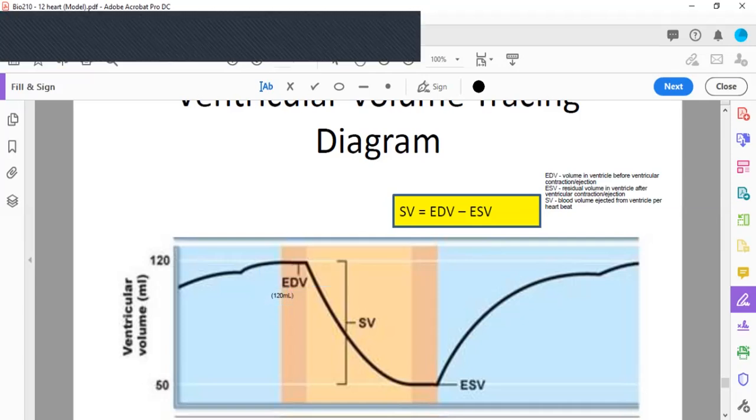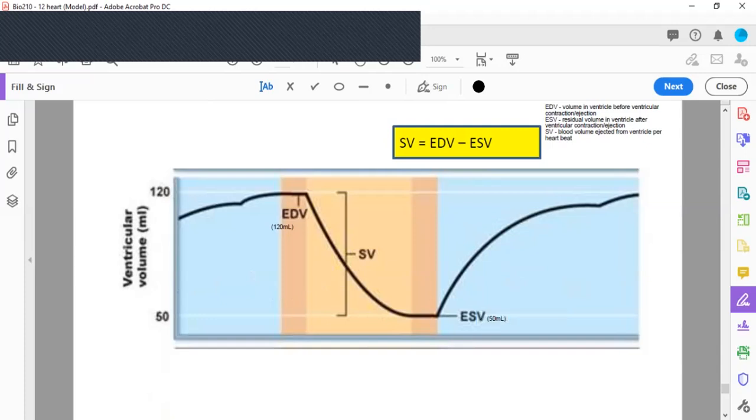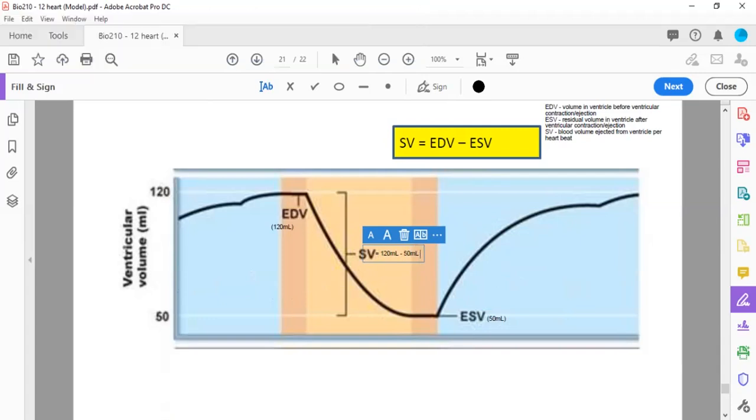The ESV is going to be 50 ml. Using the equation, the stroke volume is EDV, 120 ml, minus ESV, which is 50 ml, and the stroke volume is 70 ml. Very good.